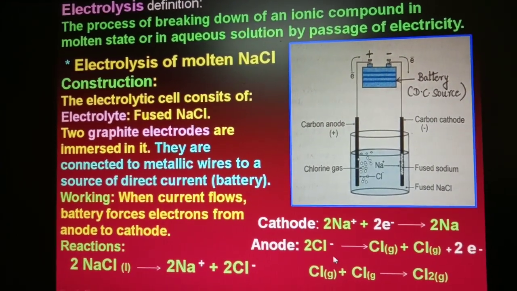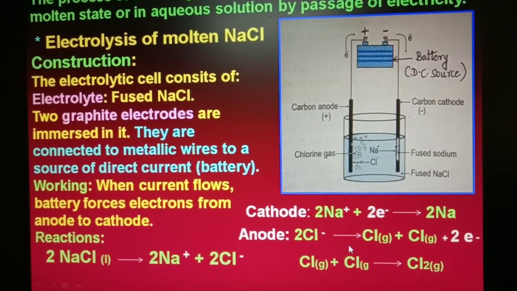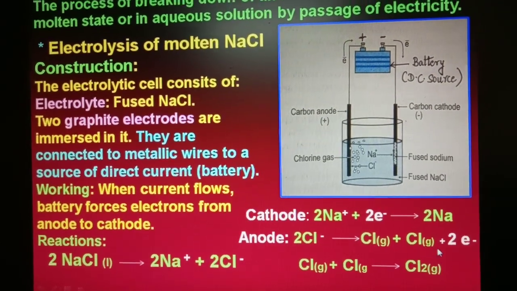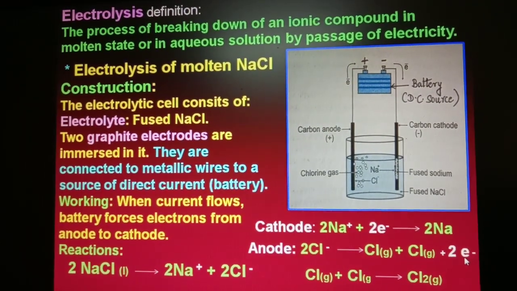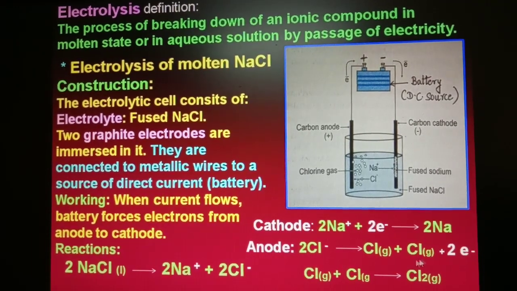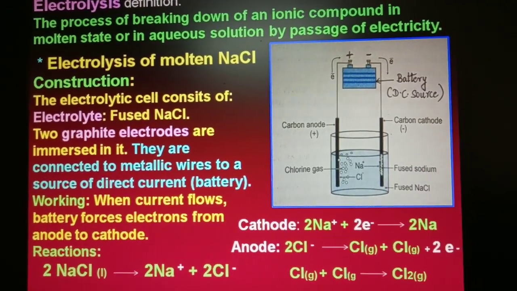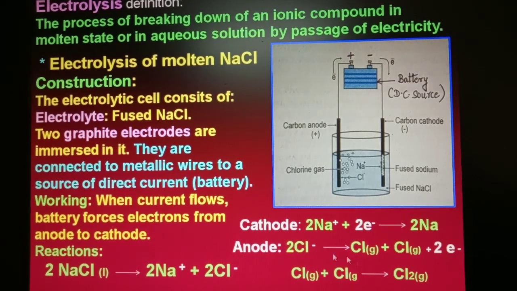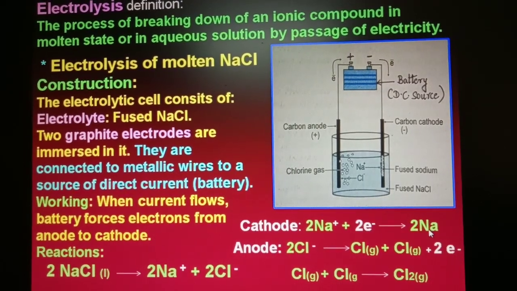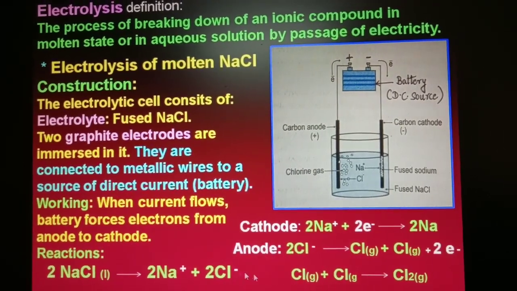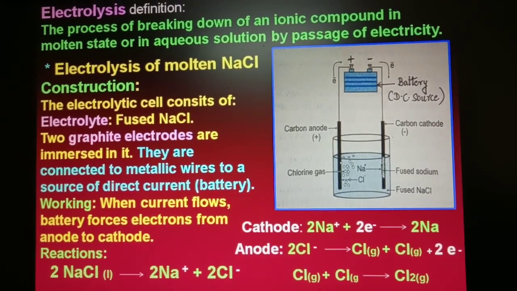Whereas at the anode, the 2 chloride ions lose 2 electrons to form chlorine gas. So the product at the cathode is sodium, whereas the product at the anode is chlorine gas.